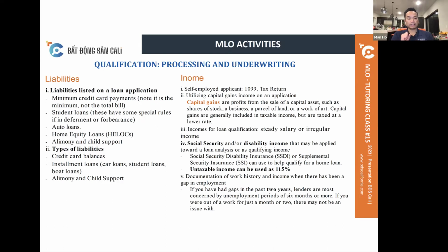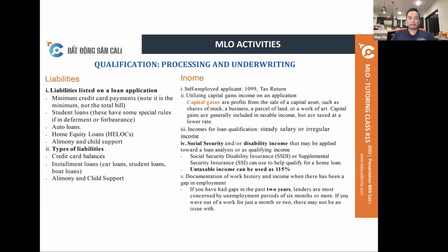But there's some catch to this, some benefit for a particular type of income. Social Security Disability Insurance, SSDI, or Supplemental Security Income, SSI, can be used to help qualify for a home loan. These are untaxable income, meaning the government pays you this, but you don't have to pay tax on it.